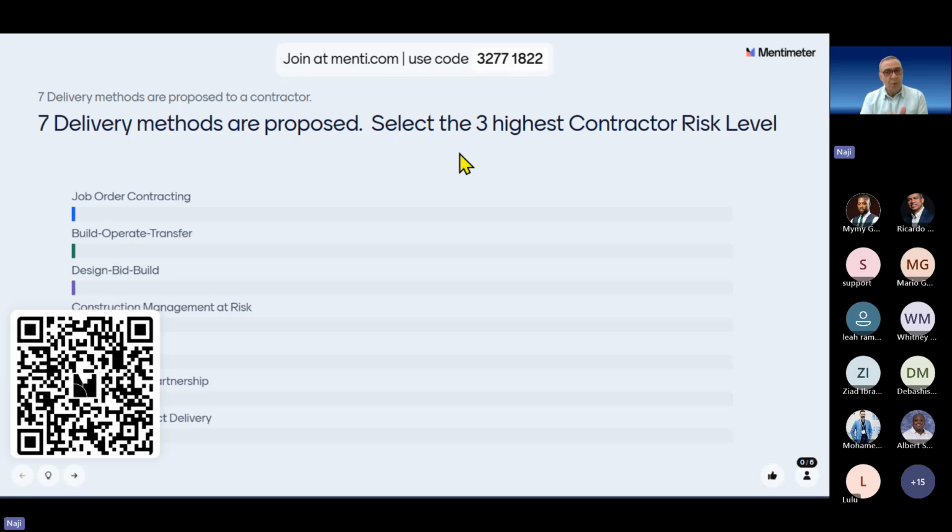During today's session, we will see which are the highest risk levels for a contractor. So please start scanning and submit. Okay, let us see which are your preferences.